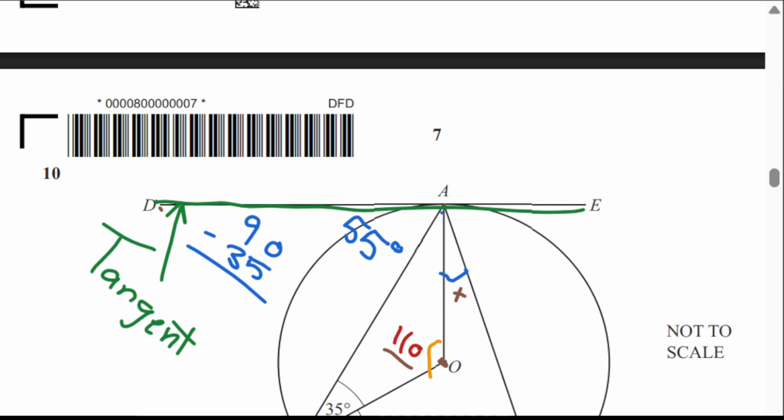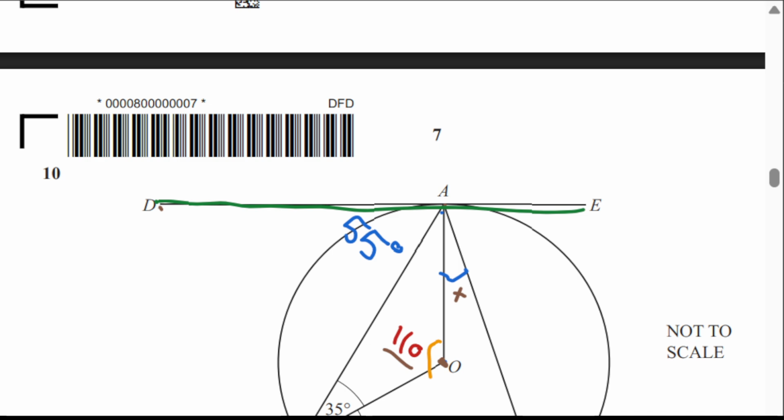We can do many things, but what I think of is we look at the quadrilateral, the four-sided shape. Look at this. Follow me on the yellow line here. So if we look at this shape, this is a four-sided shape. So the total of these angles should be 360, right?